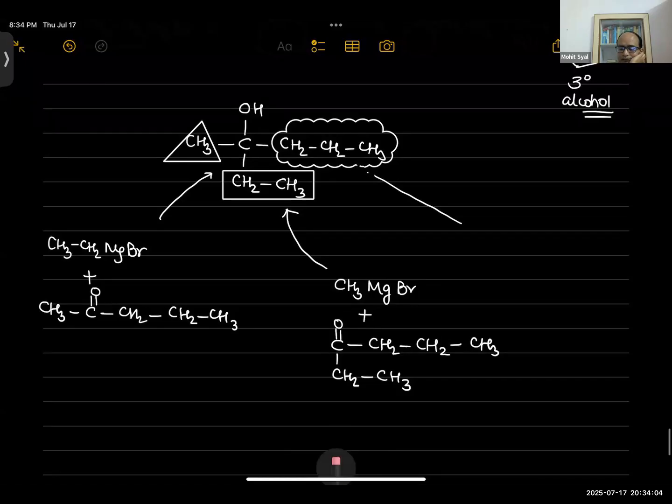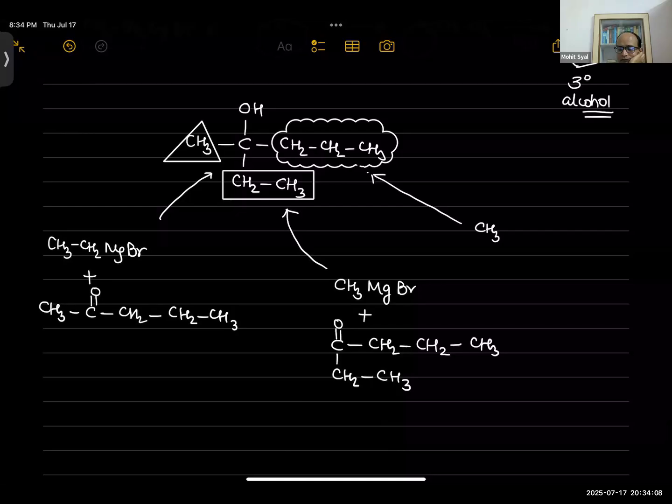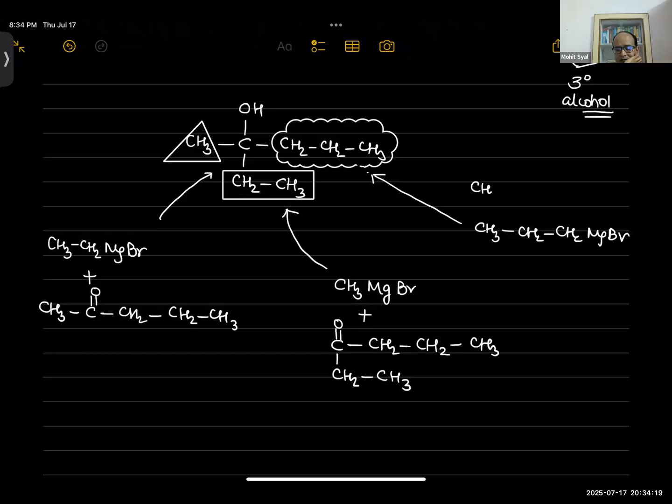Got it? If we take this as a Grignard, the remaining part will be taken as a ketone.